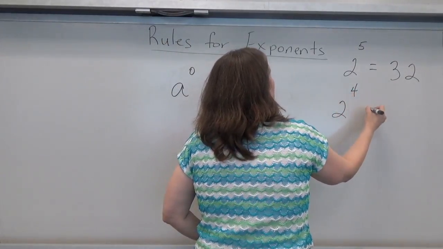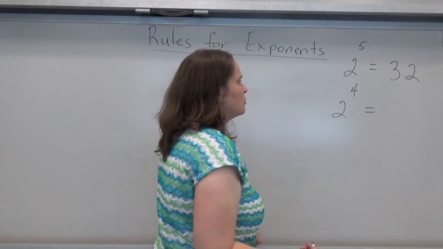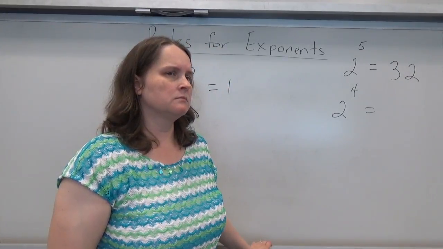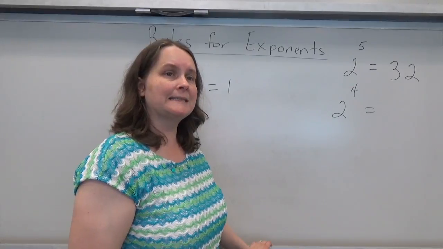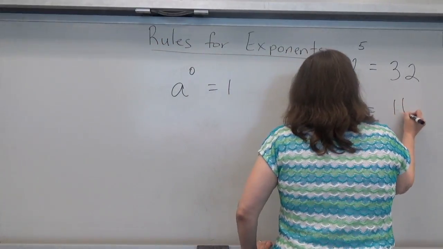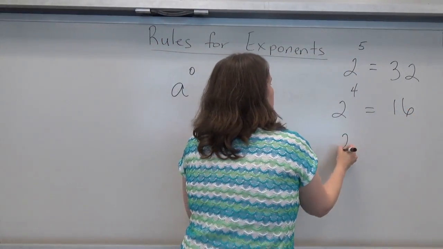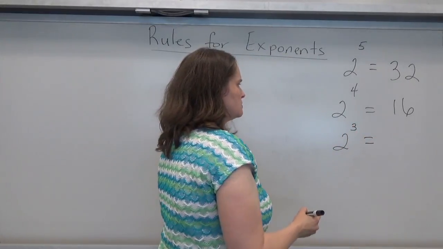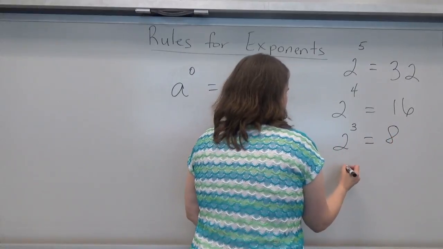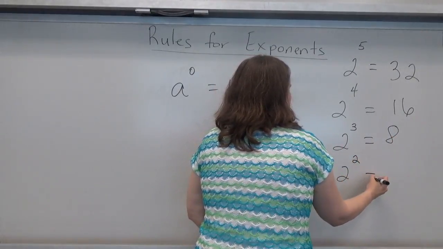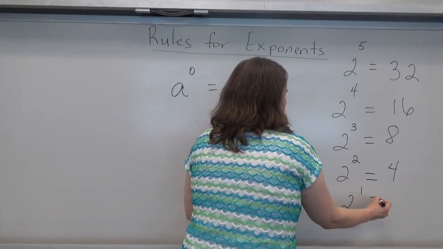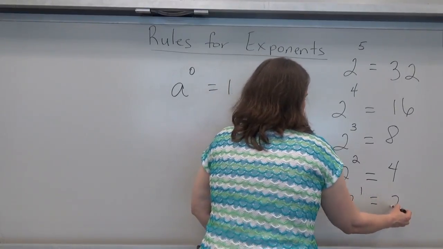Multiply 2 by itself 4 times, I'll give you a second to think, that gives me 16. What about 2 to the 3rd power? 2 times 2 times 2 is 8. 2 to the 2nd power is 4. 2 to the 1st power is 2.